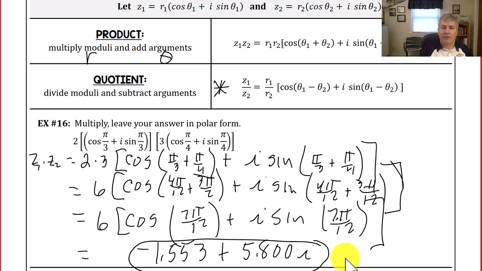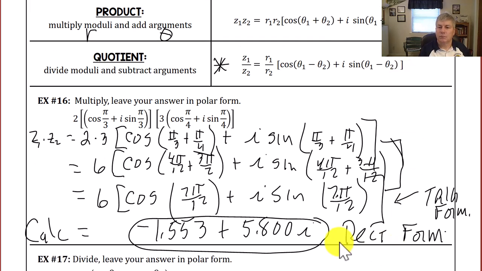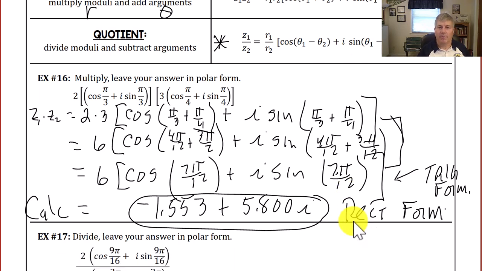This would be standard form, or rectangular form. So I put this in my calculator and got that particular answer, and those answers are to 3 decimal places. That's the AP format, so you're always safe going to three decimal places. So we have our trig form, and then we use our calculator to find the rectangular form.